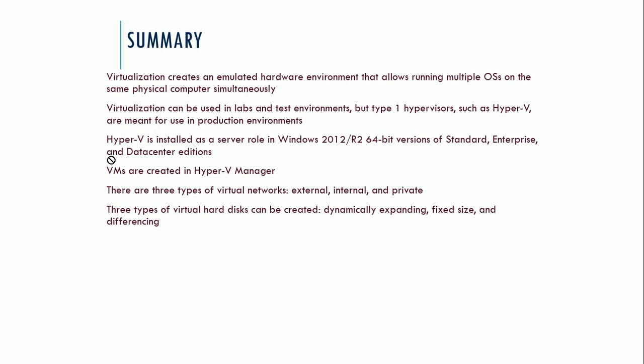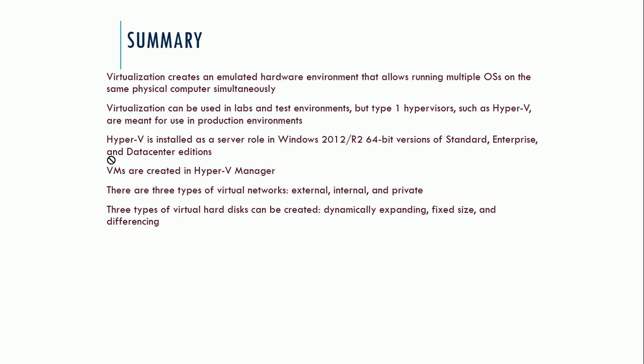We talked about the different types of virtual networks, the external, internal, and private. External being connected directly to external networks. Internal, where it's an internal network, but it does have access to the host, but it doesn't have access to the external network. And private, where the VMs only have access to each other, but not to the host or the external networks. But we could set up a router between the two and route traffic if we wanted to.